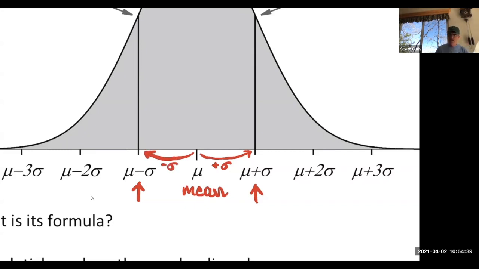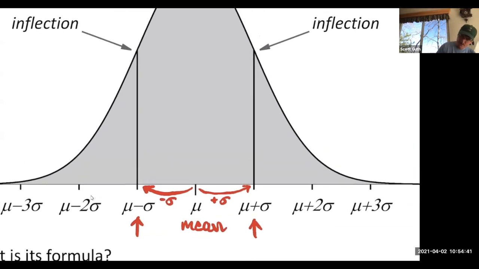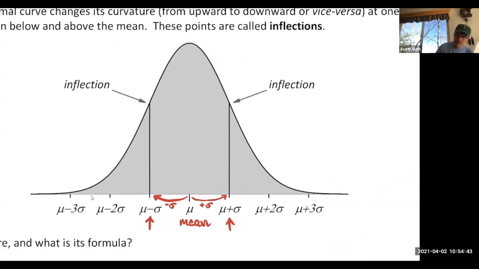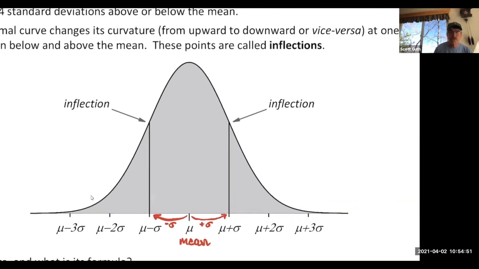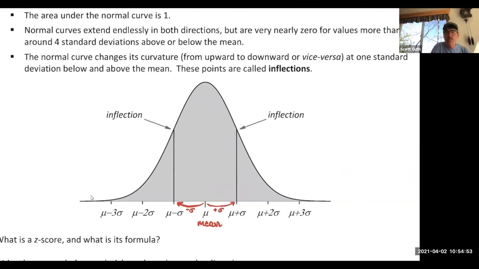Okay. And where does that occur? Well, 1 standard deviation from the mean. And what happens on the curve at 1 standard deviation above and below the mean? You get this thing called an inflection. What the heck's an inflection? It's a wobble. When people say there's an inflection in your voice, you go from down to up or something like that.